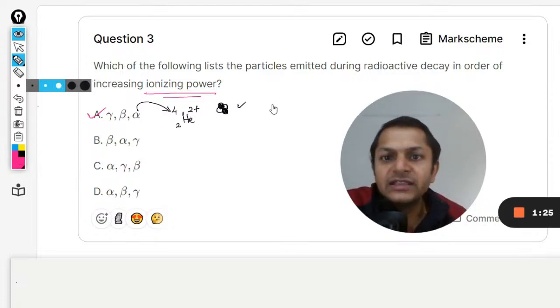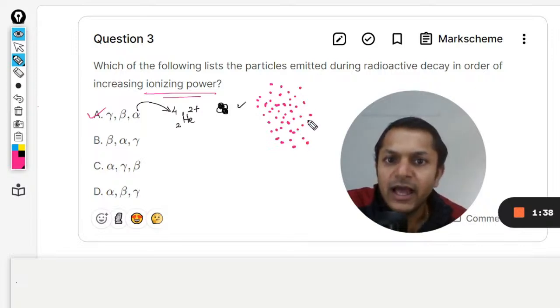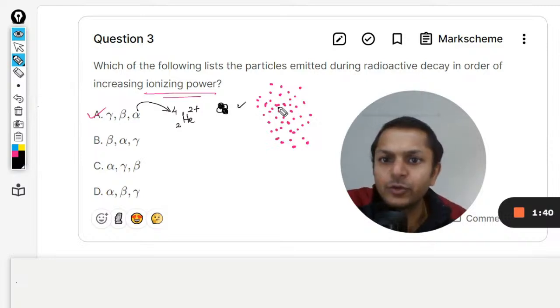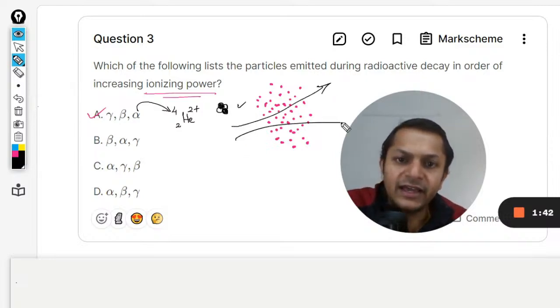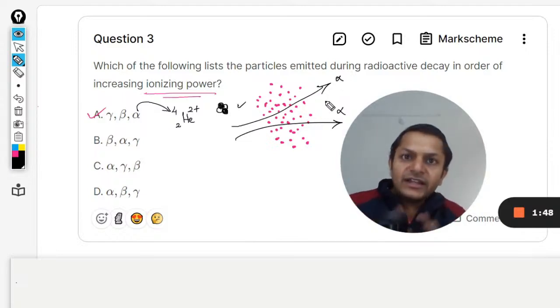Let us say there is a gas and the alpha particles are trying to pass through the gas. Let us say these are the gas molecules and alpha is going through like this. When alpha moves past the gas, it strikes the electrons of the gas molecules.